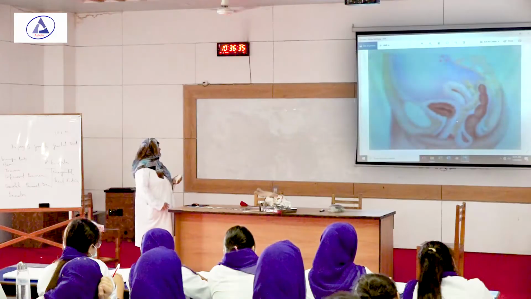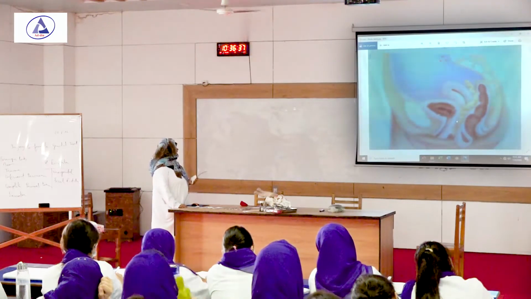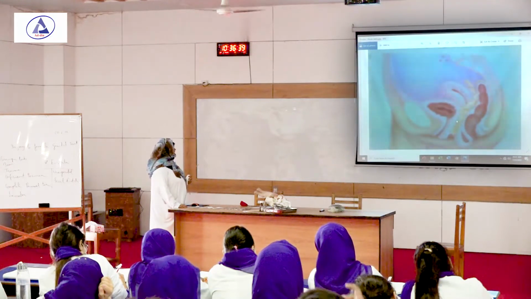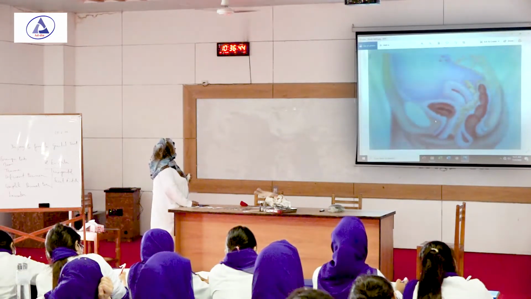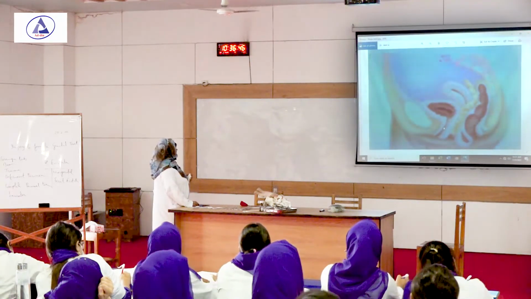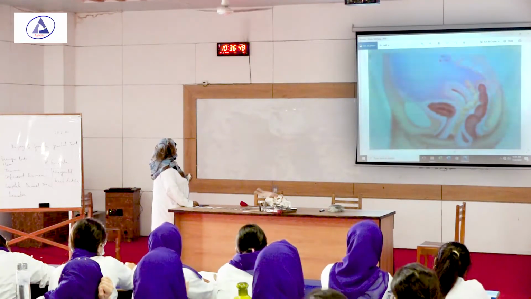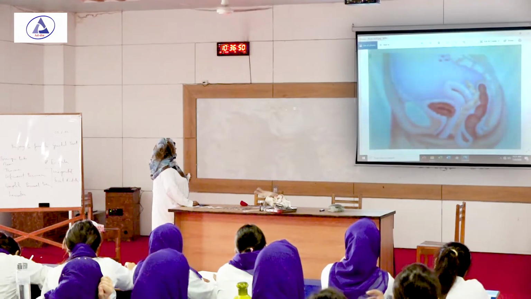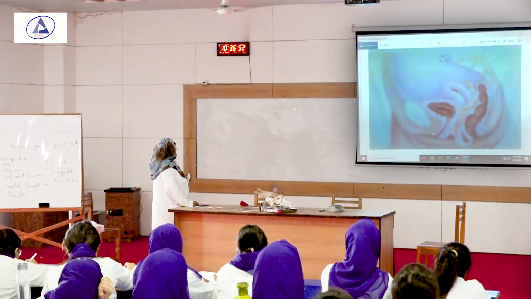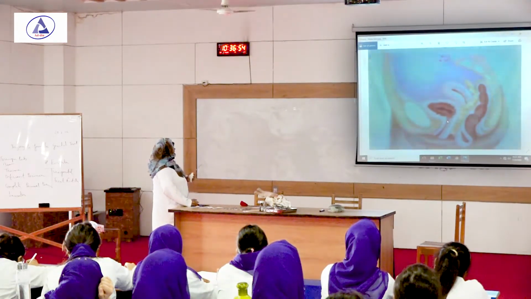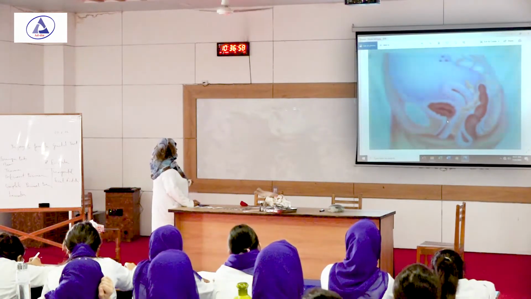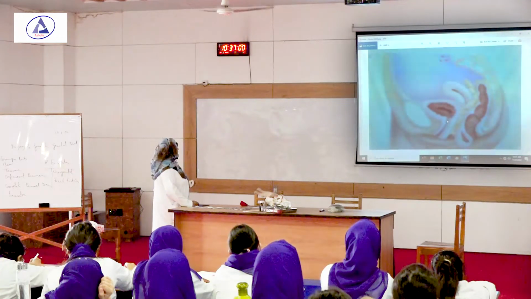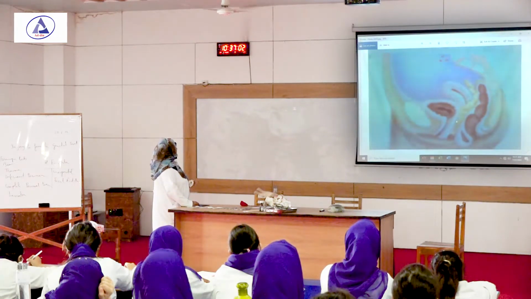Okay, so in this way we can assess the site of the fistula. So what about the three cotton ball test? That is, we put three cotton balls in the vagina, and we put methylene blue dye, diluted, and we wait for some time.